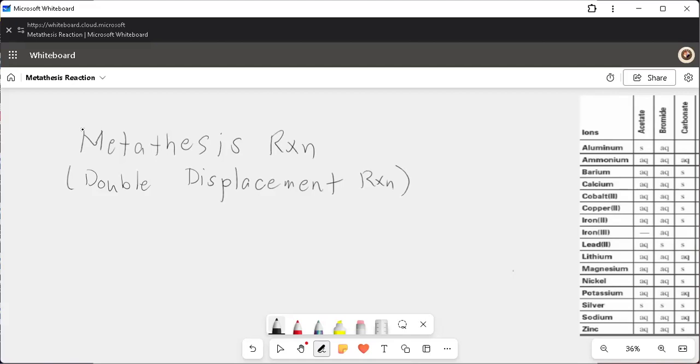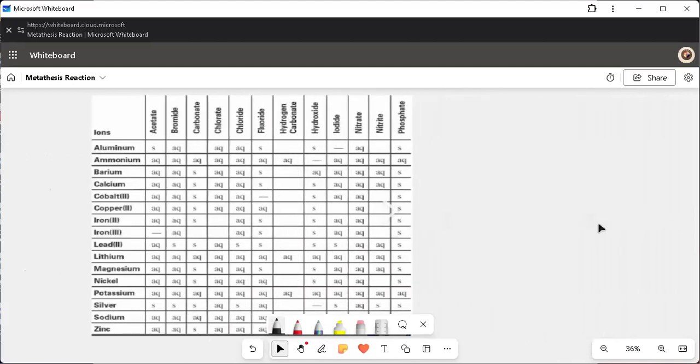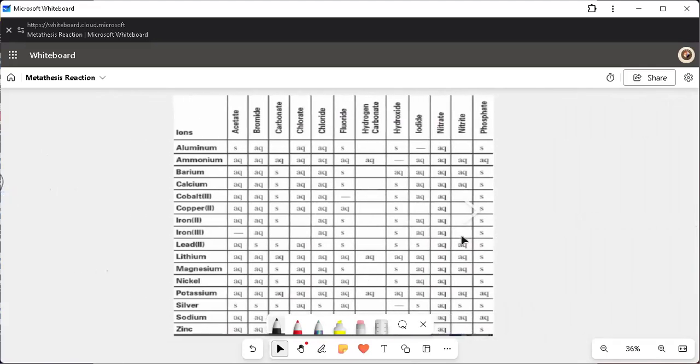It is simply introduced in this type. This is known as the solubility chart or the solubility table. It tells you what the appearance of the products will be after the reaction.